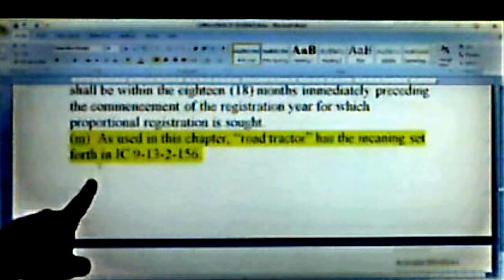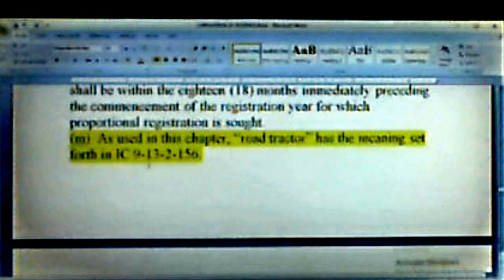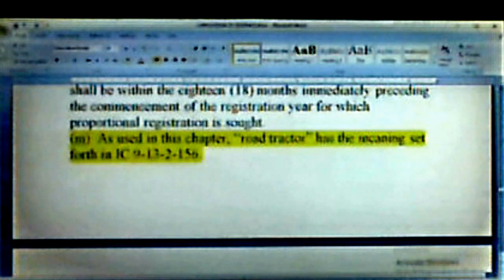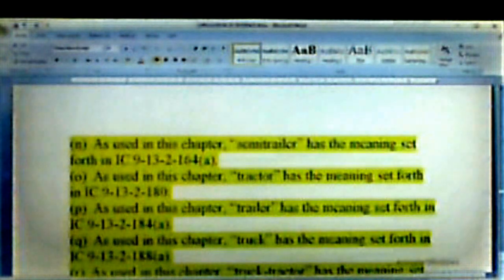with commercial vehicles. And as you can see, it's going back here, giving you the meanings of the various vehicles under IC 913. Remember, C up above said everything that followed was a commercial motor vehicle, right? A road tractor, semi-trailer. Tractor has a meaning set forth in IC 913 2-180, right?